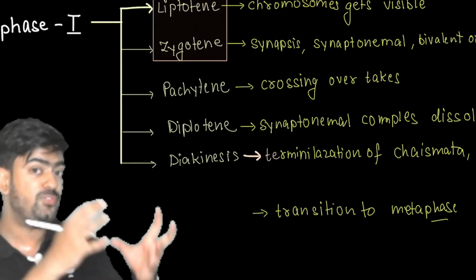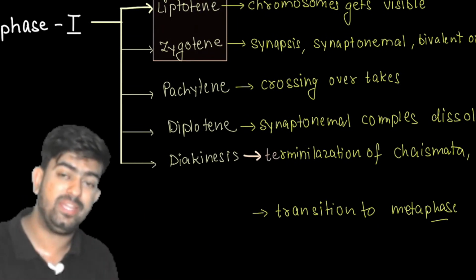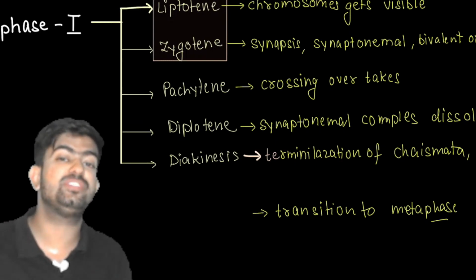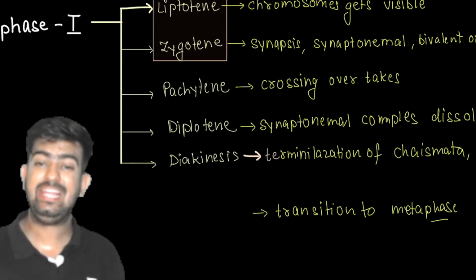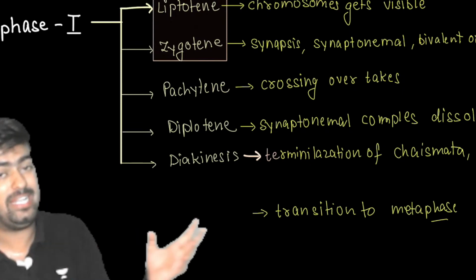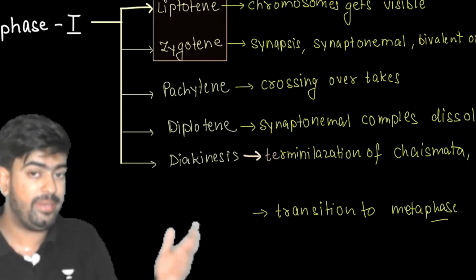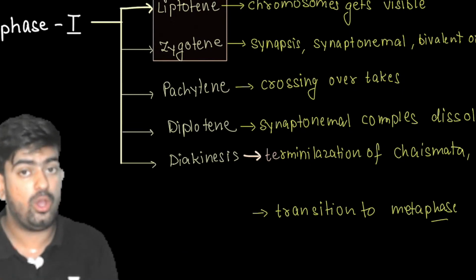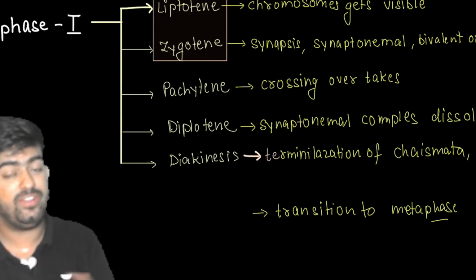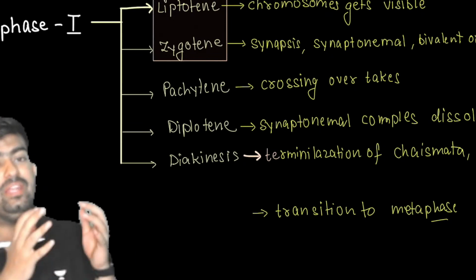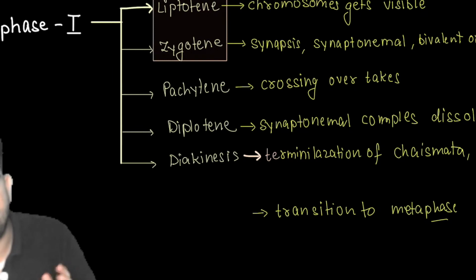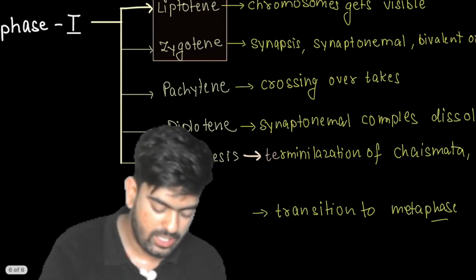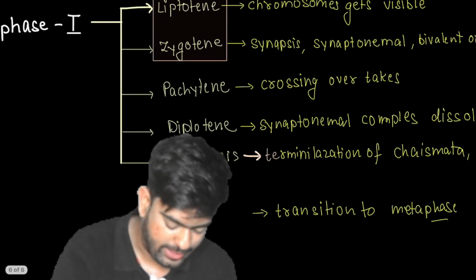All those complexes which were made disappear, and a new structure is formed, which is chiasmata. And in diakinesis, what's happening? The chiasmata is also gone, the nuclear membrane, nuclear envelope and cell organelles are gone, everything disappears, and the cell is now transitioning to metaphase 1. I hope this is pretty much clear to each and every one of you.